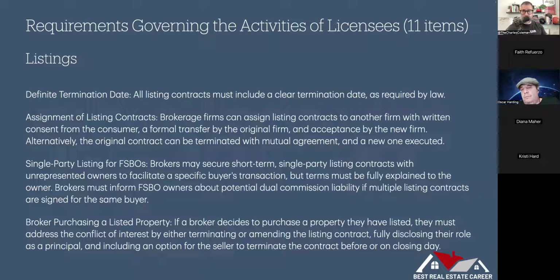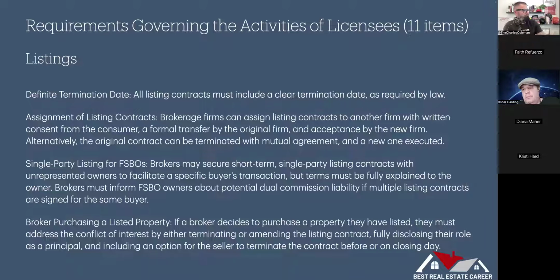That would be the illegal practice of law. Yet, if you go from brokerage A over to brokerage B, and that agreement's with brokerage A, and they don't release that consumer from the agreement, the consumer is most likely going to just fire them for something in the contract, terminate that deal, and move back over to brokerage B with you.